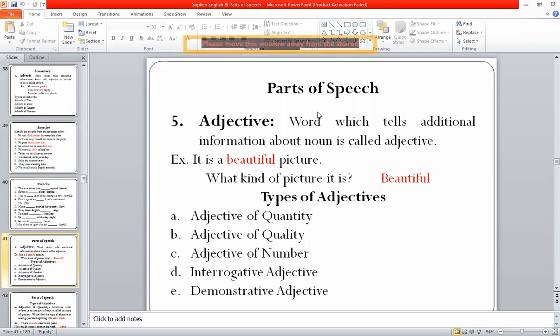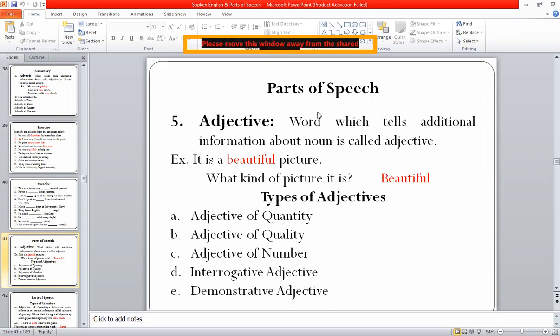The word which tells additional information about the noun is called an adjective. Adjective means, a word that we use in relation to a noun.